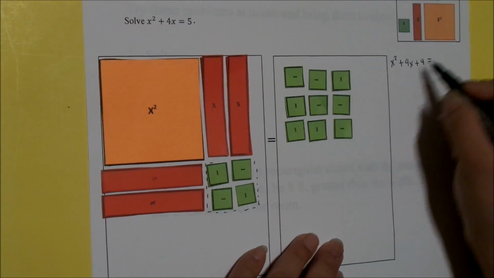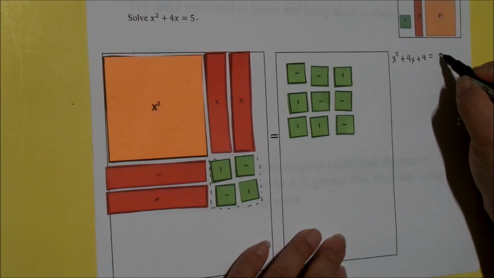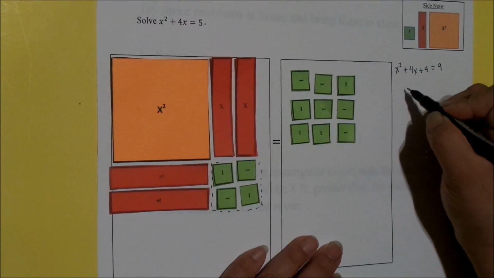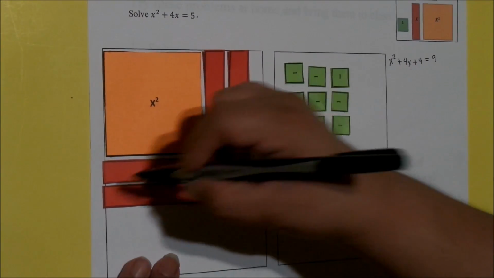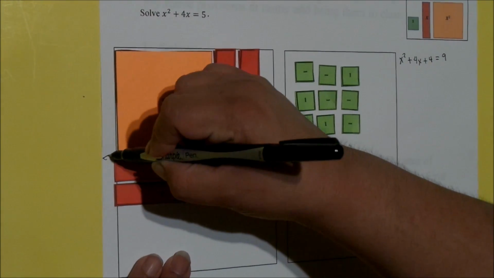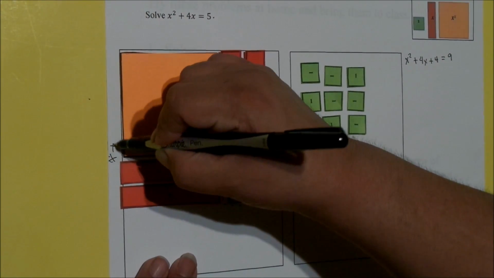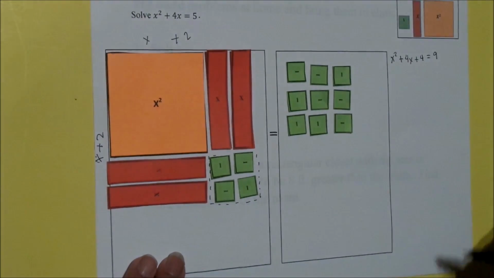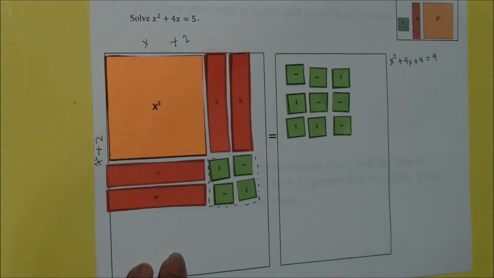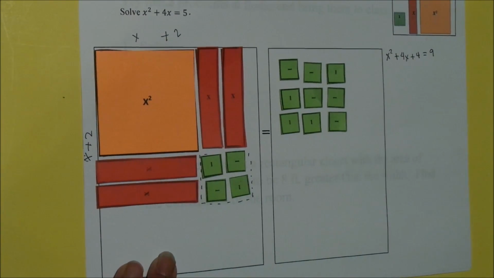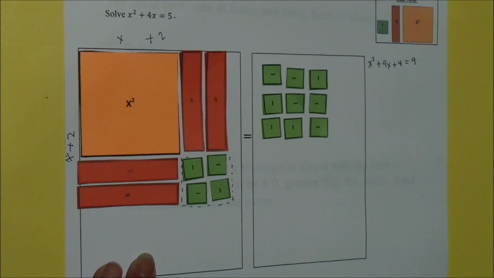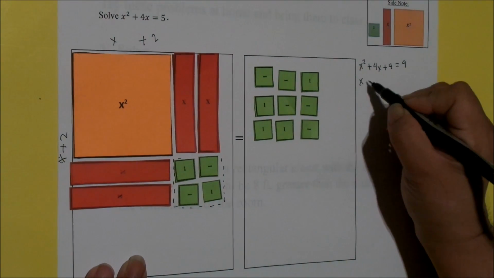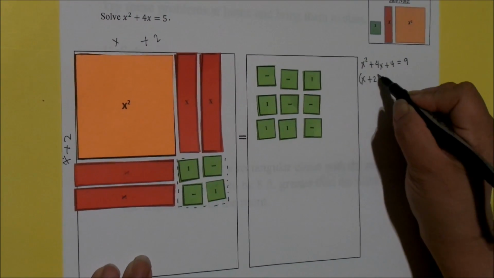Let's write what's on the right side: 9. But before we solve for x, we have x plus 2, x plus 2. Using the length and the width of the square, we can rewrite the area expression in factored form, which is x plus 2, all squared.